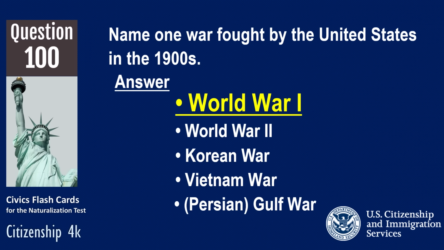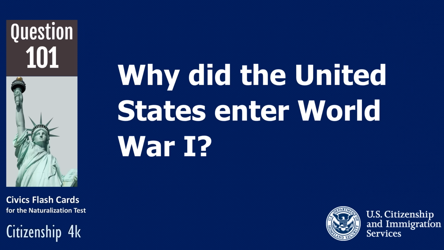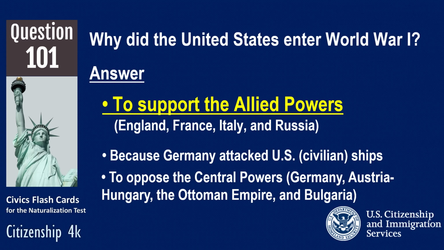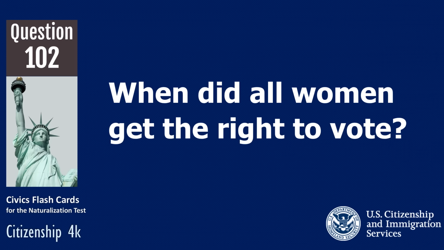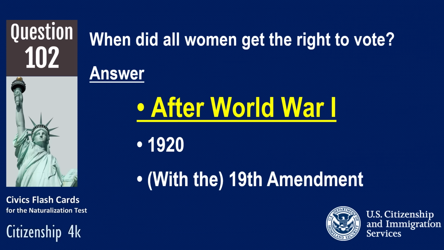World War I. Why did the United States enter World War I? To support the Allied powers. When did all women get the right to vote? After World War I.